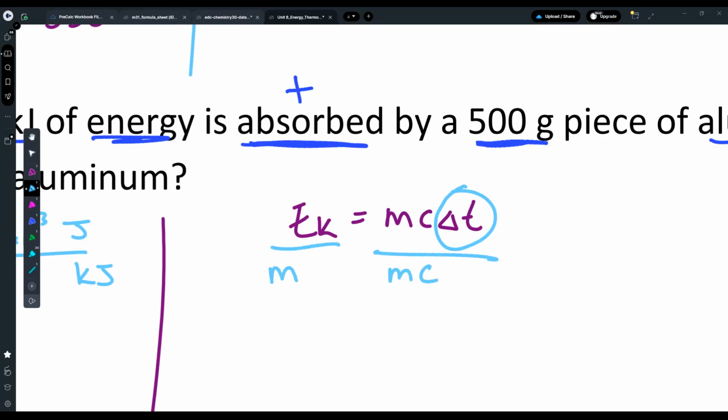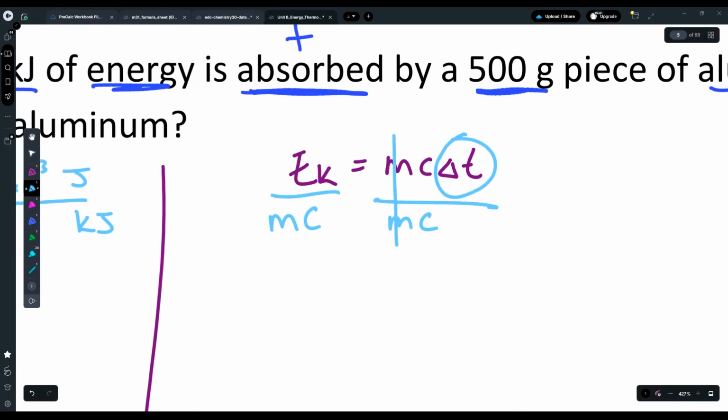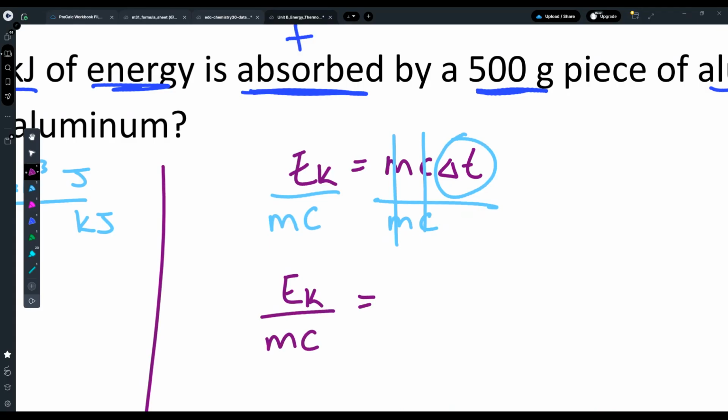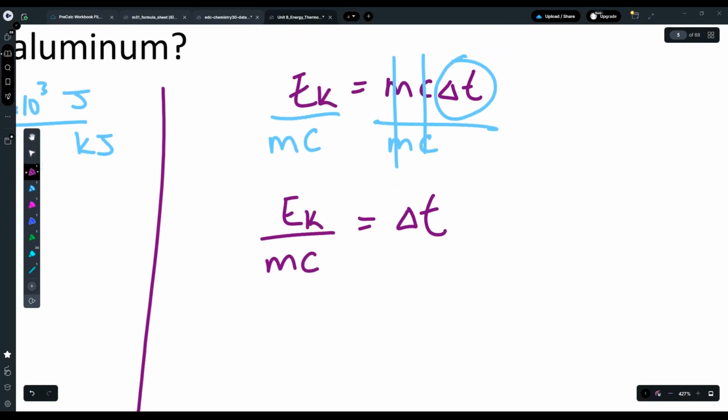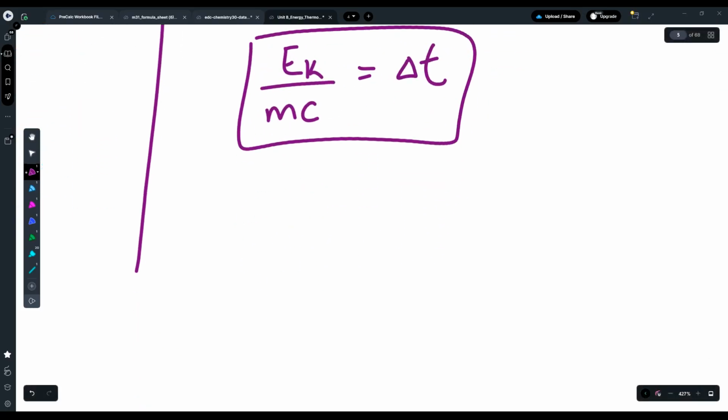And what I do to one side, I need to do to the other. So these cancel out. EK divided by MC is equal to delta T. Okay. So at this point I'm going to leave it for now, but know that I'm going to expand delta T later.